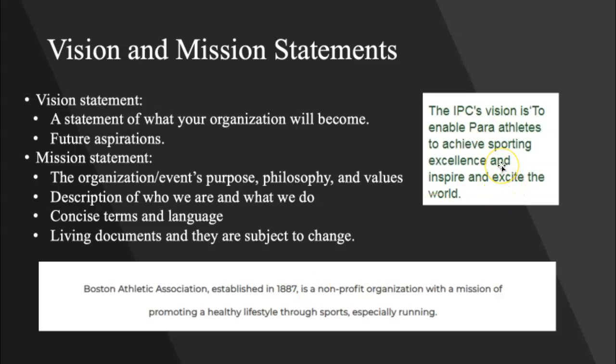But when you read IPC, which is International Paralympic Committee, you possibly have no idea what they do in daily operation. So those are different. Mission statement is a lot more specific, provides a lot more details, which could help you to achieve the whole thing. So the next thing we're going to do is develop goal and objective.